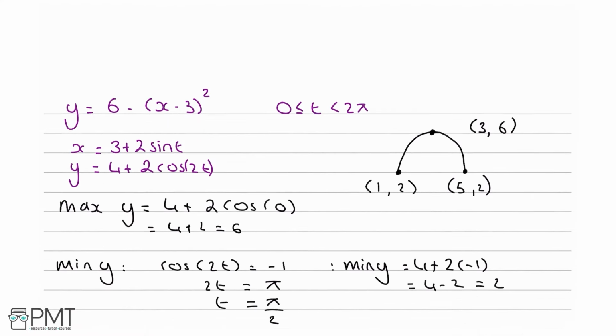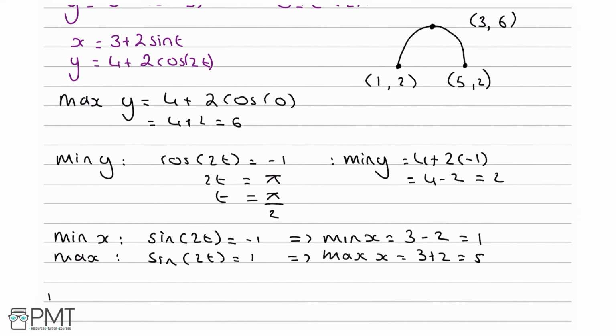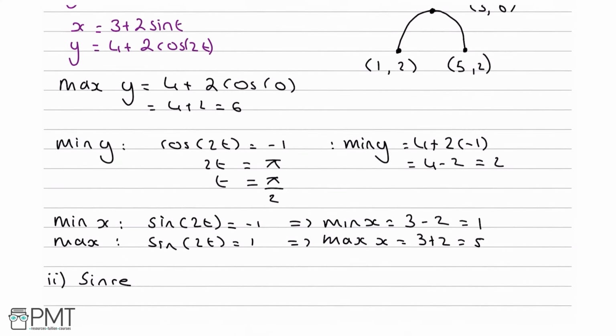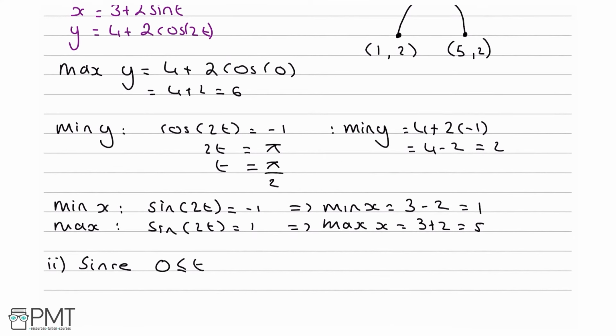Now for part ii, just the final bit, all we need to do is give one reason why it doesn't take all real x values. The main reason is that since t takes the domain of 0 to 2 pi, the x value, x equals 3 plus 2 sine t, can only go from when sine t is minus 1 to 1.